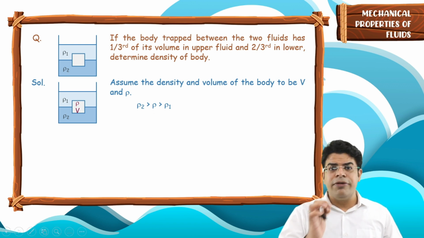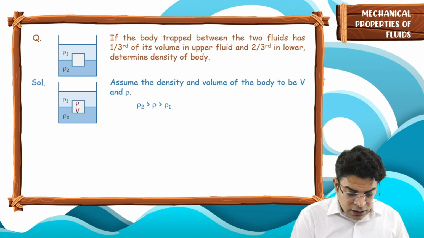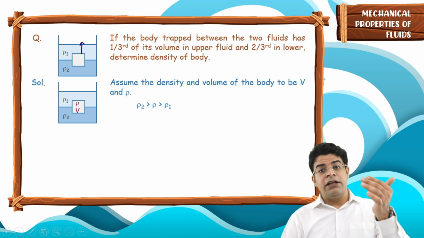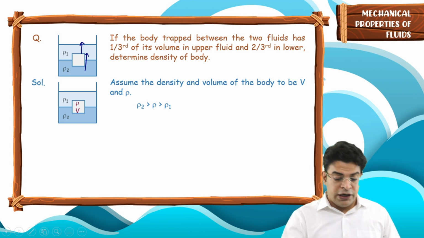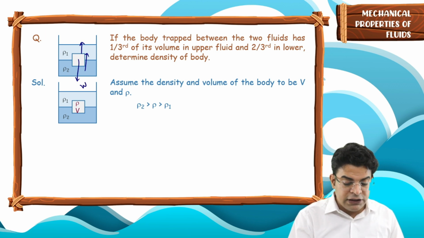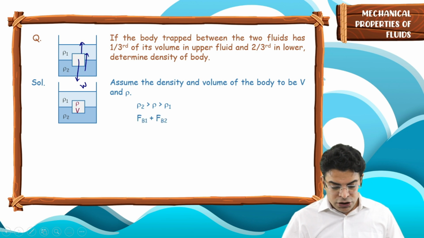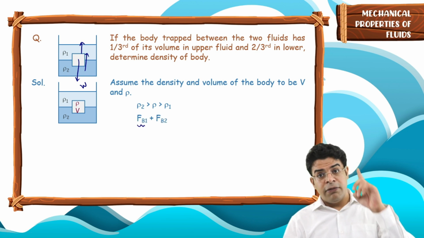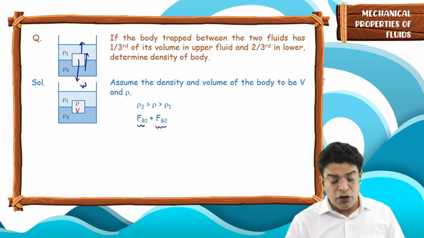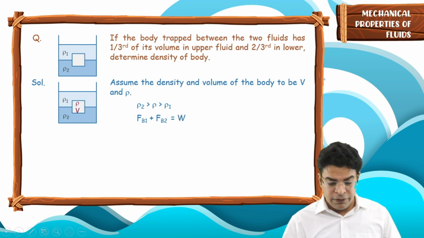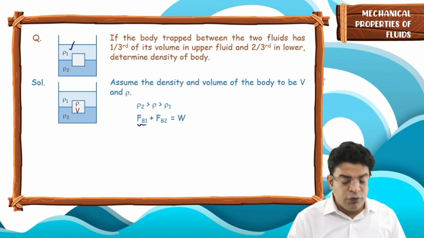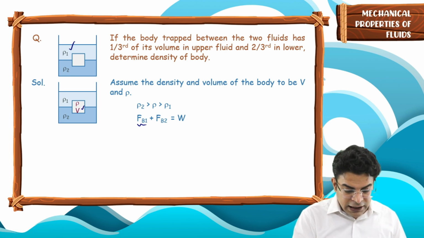Now from Archimedes principle we can say that the force of buoyancy applied by the upper fluid plus the force of buoyancy applied by the lower fluid equals the weight of this object trapped between them. So the force of buoyancy by the upper fluid 1 plus the force of buoyancy by the lower fluid 2 has to be equal to the weight of this body. If the overall volume is V and in the upper fluid you have got 1/3 volume, you will have V by 3.